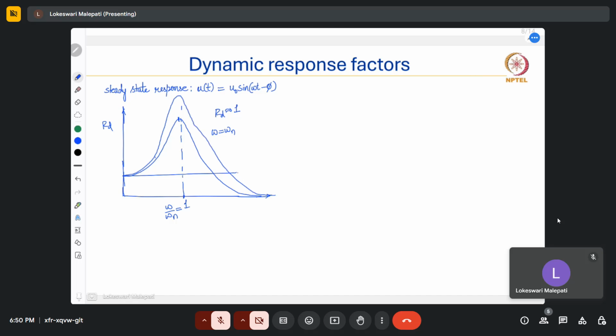That means when the frequency ratio is around 1, the damping ratio will have some influence on the deformation response factor. Otherwise, when it is outside this limit, either it will approach 1 or it will approach 0. So similar plots can be drawn for RV and RA. For these cases, we will have something like this.